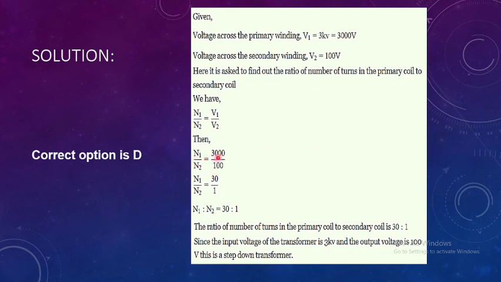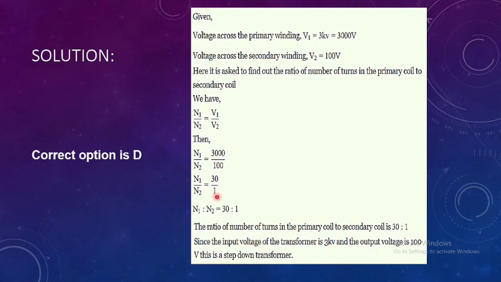So the turns ratio is 3000 divided by 100. So we have a turns ratio of 30 is to 1. So the ratio of the number of turns in the primary coil to the secondary is 30 is to 1.